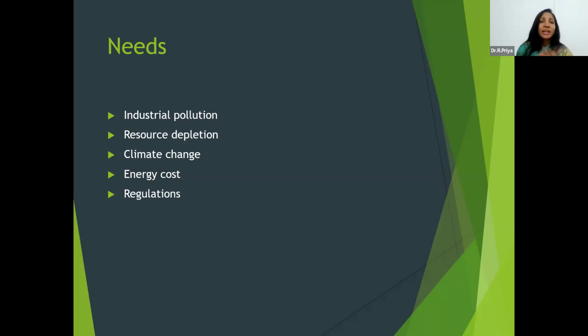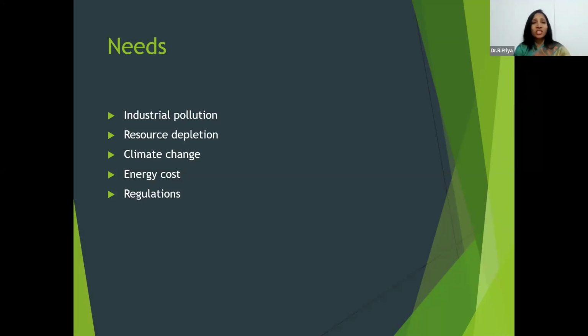Second, resource depletion is another serious issue. Raw materials like metals, water, and fossil fuels are very limited. So green manufacturing promotes efficient material usage, recycling, and reuse, so that industries can continue production without exhausting natural resources.